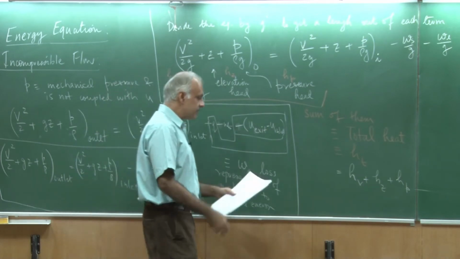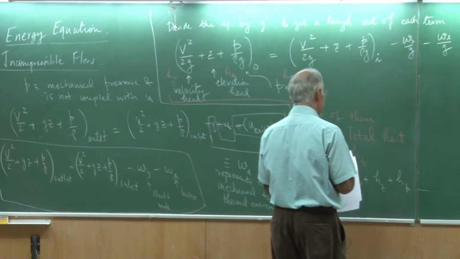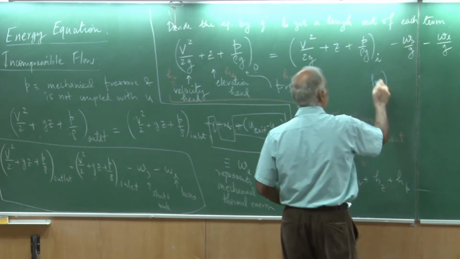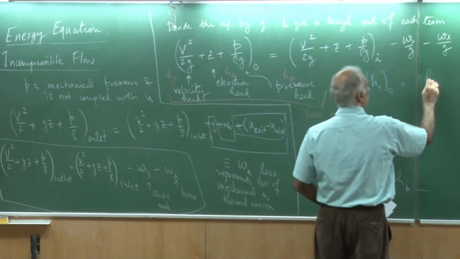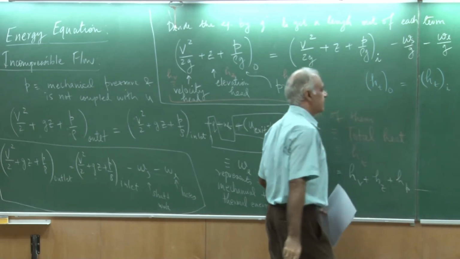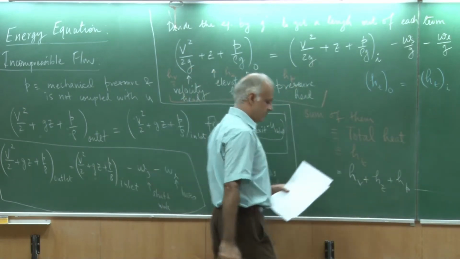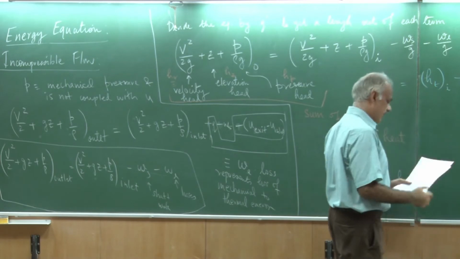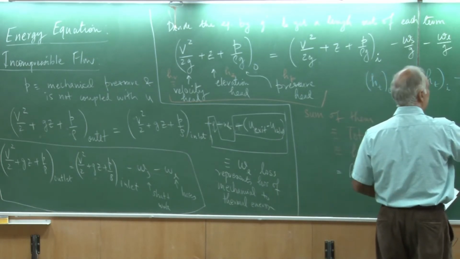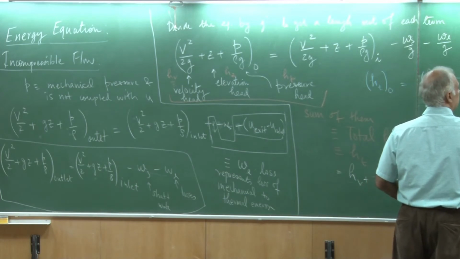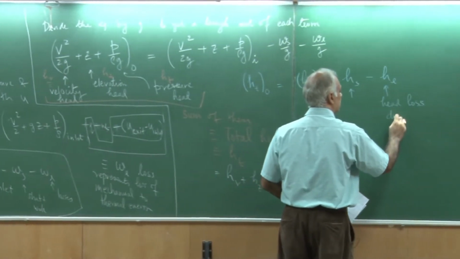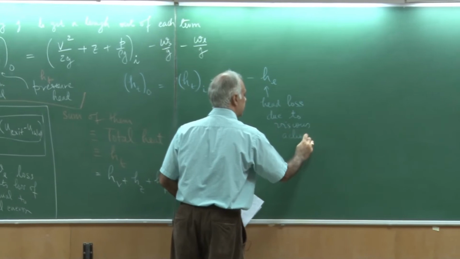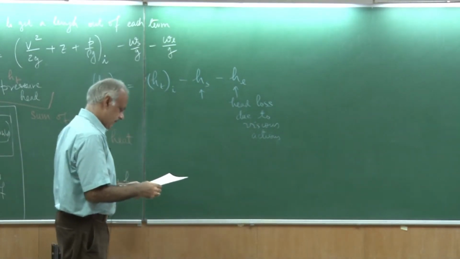So now your equation is rather simple. What we are saying is that HT at outlet is equal to HT at the inlet, minus HS minus HL, and this HL is the head loss due to viscous actions or heat transfer.